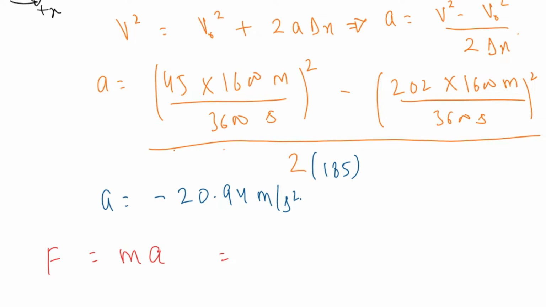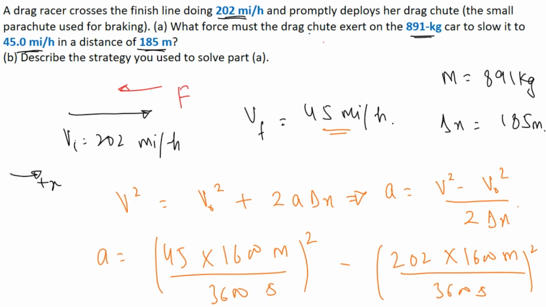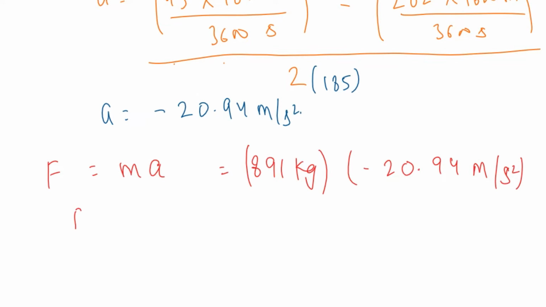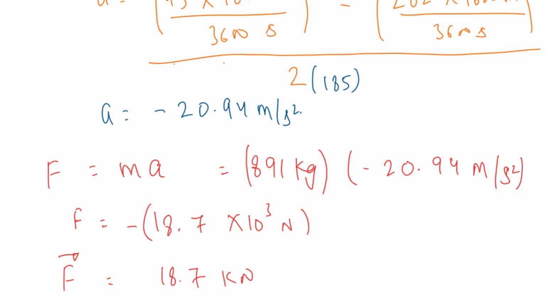So mass we have is 891 kgs, multiplied by the acceleration, negative 20.94 meters per second squared, and from here this force comes out to be 18.7 times 10 to the power 3 newtons, and in vector form we can write the force equal to 18.7 kilonewtons x cap with a negative sign. So this is the answer for the A part.